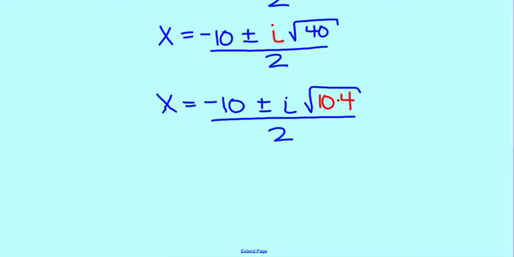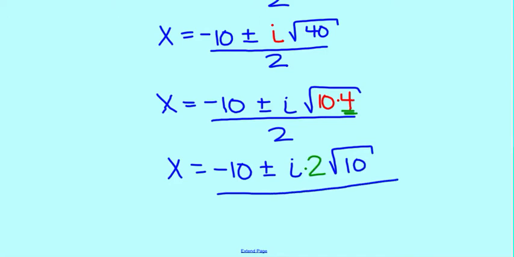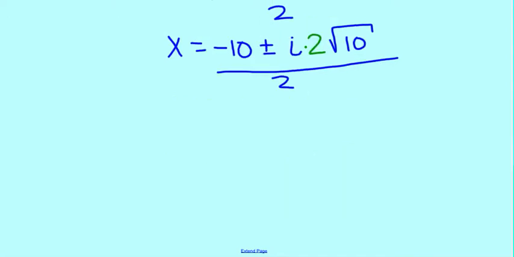If you remember, the square root of 4 is 2. And then we still have that 10 underneath. Now I'm just going to multiply i times 2, and that's 2i.